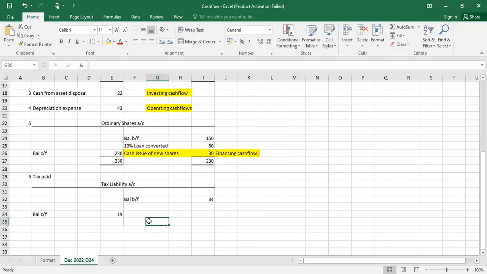Let me just make this clarification. Sometimes you may have two tax liabilities. One is a non-current liability, and a second one is a current liability. The non-current liability for tax would be what we call deferred taxation. If you remember the topic IS-12, income tax in your financial reporting, we do have two types of taxes. One is the deferred, another one is current.